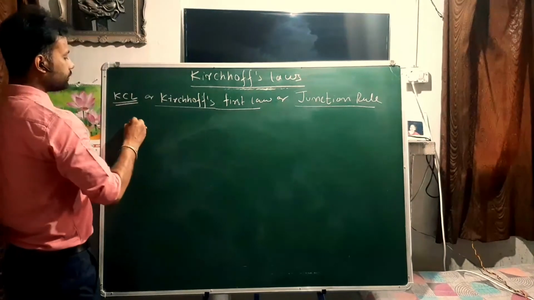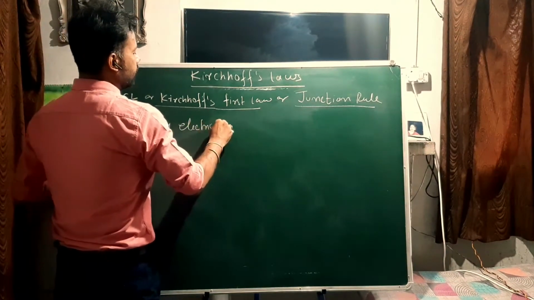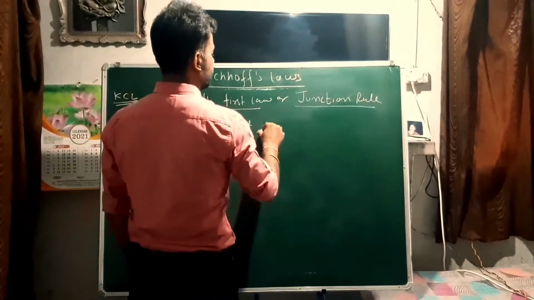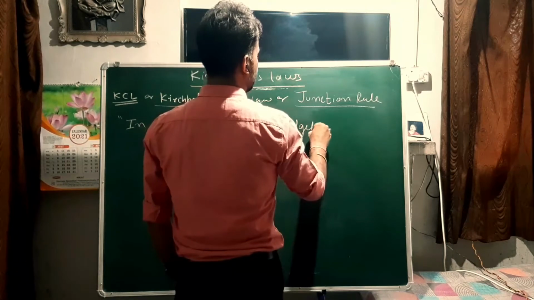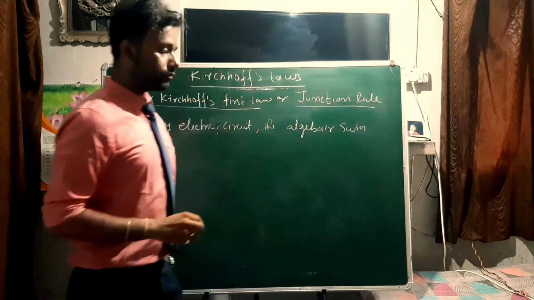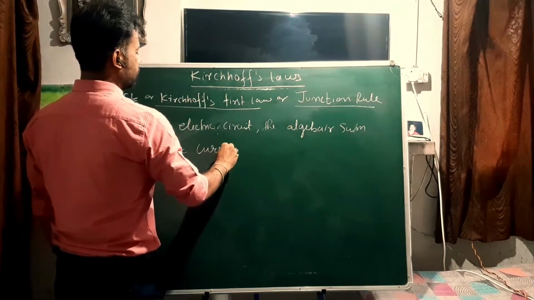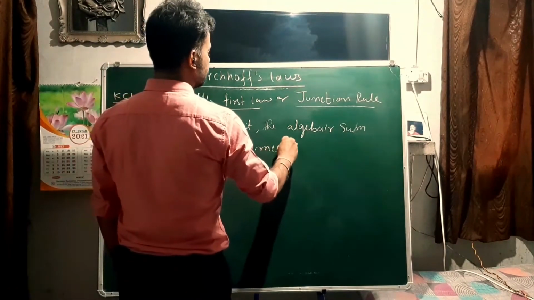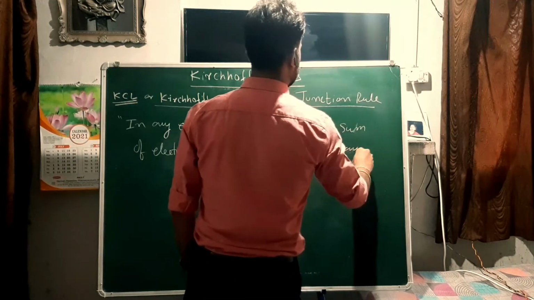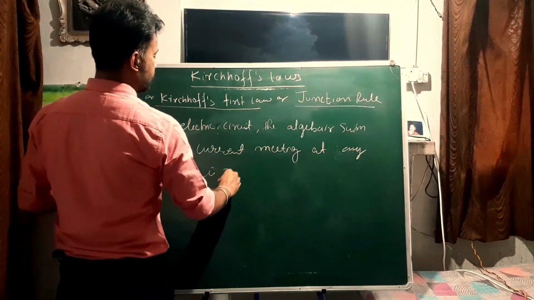It states that in any electric circuit, the algebraic sum of electric current meeting at any junction is 0.